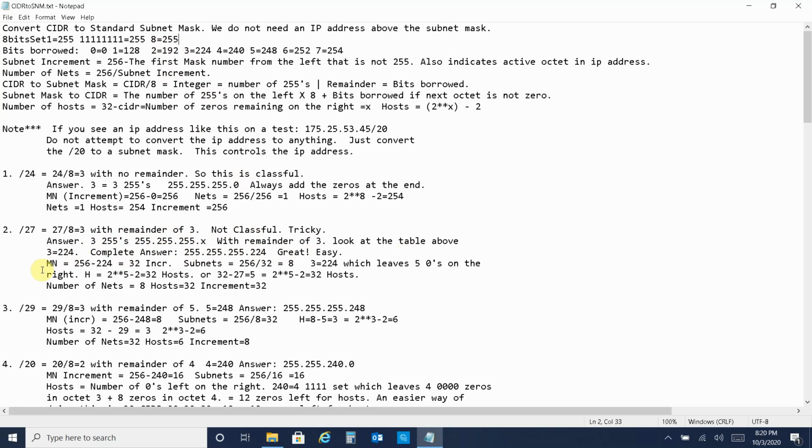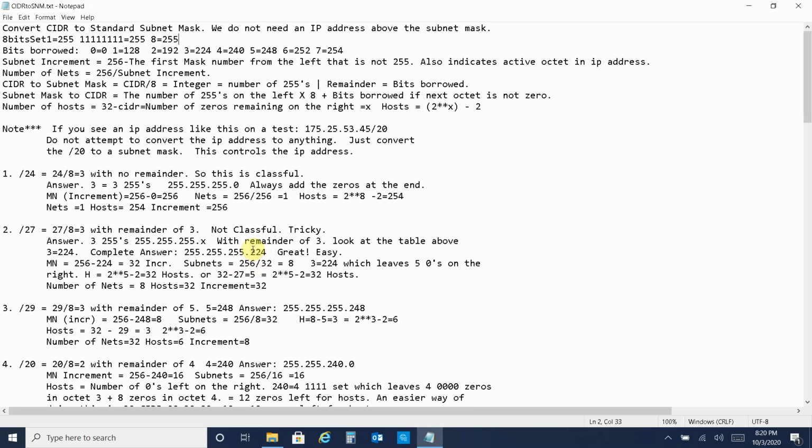Easy. Now, the magic number, I shouldn't have said that, it's actually an increment. Now we just take 256 minus the active octet, because this is the first one that's different. 255 the same, 255, 255, bam, there it is. The one that's not like the others. You're our winner.